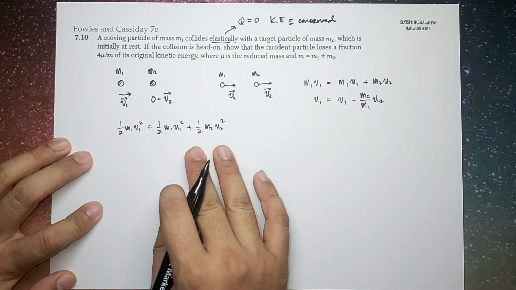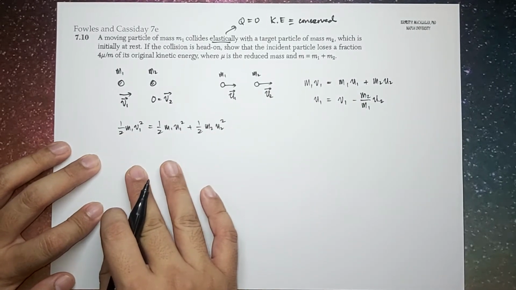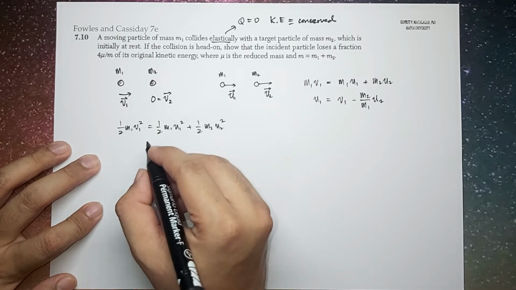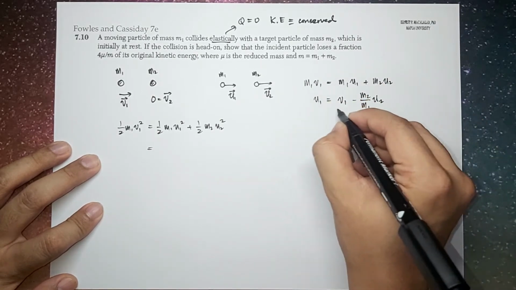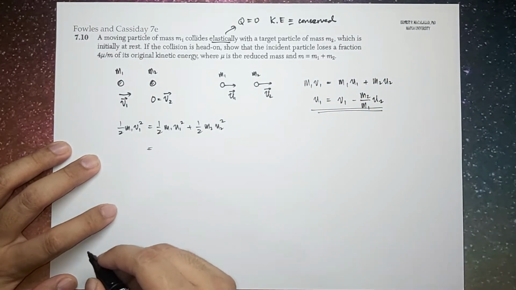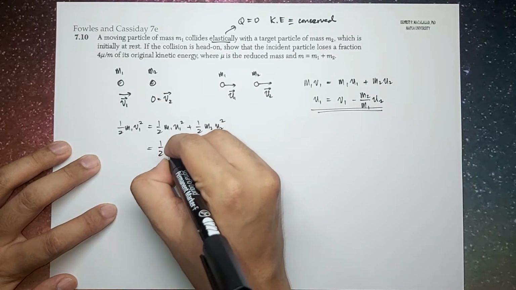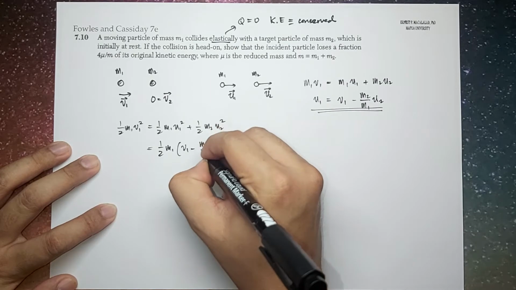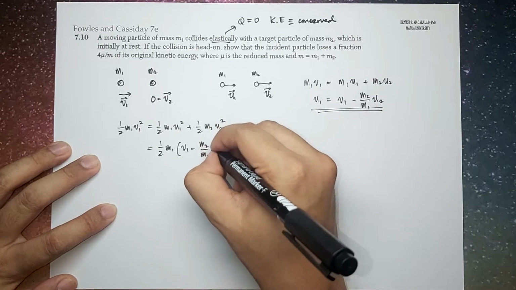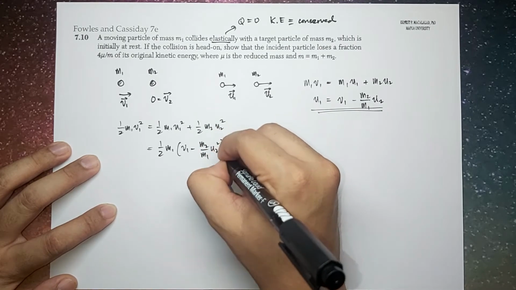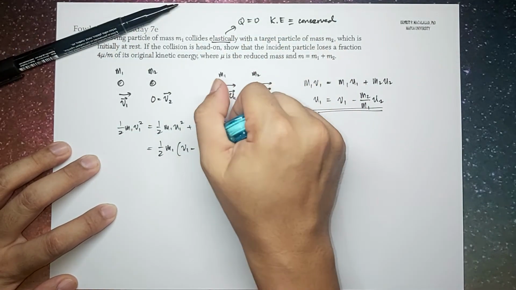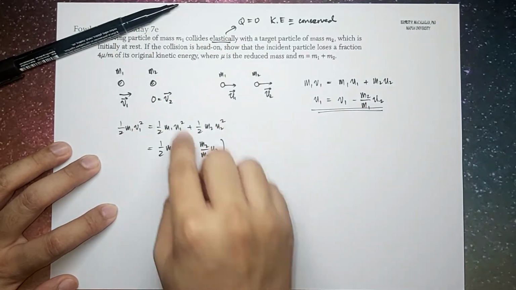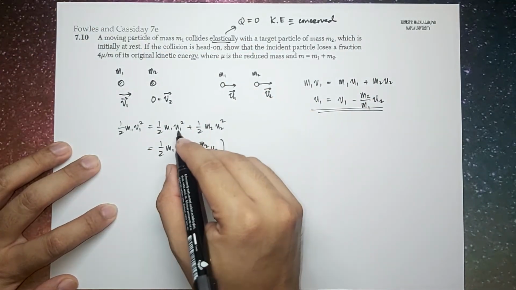So this can be calculated as follows. Following this relationship, we now have 1/2 m1 times (v1 minus m2 over m1 u2) squared. So this should be squared outside because this is u1.